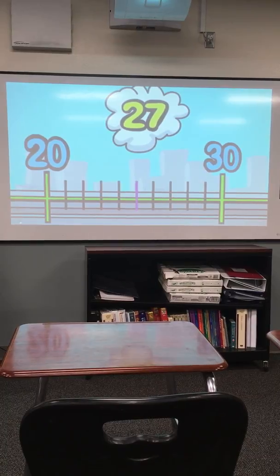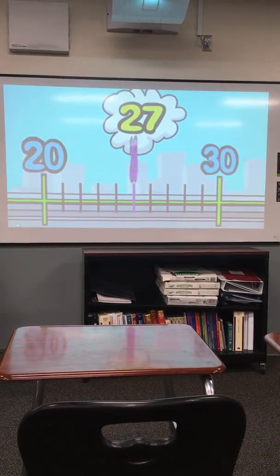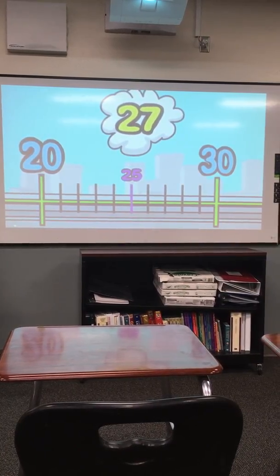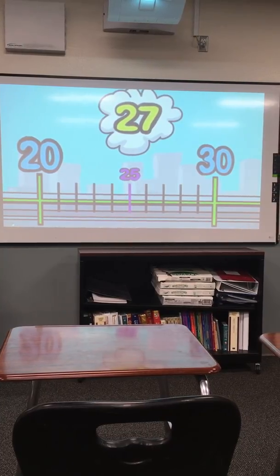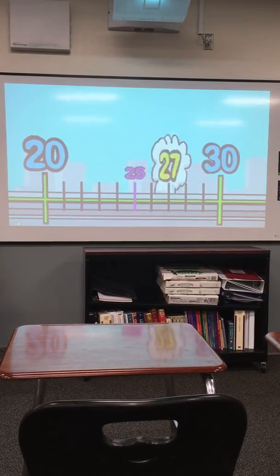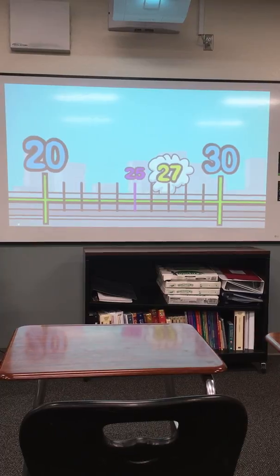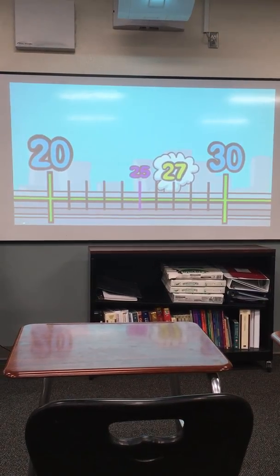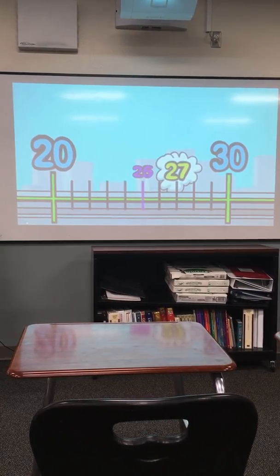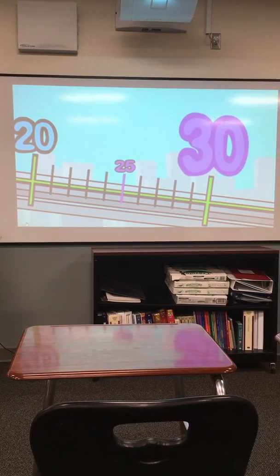That's the number that is exactly in the middle. The midpoint between 20 and 30 is 25. Step 3. Now locate 27 on the number line. You can see that 27 is more than 25. So now you're ready for step 4. You can round. 27 is closer to 30 than to 20. So, to the nearest 10, 27 rounds up to 30.